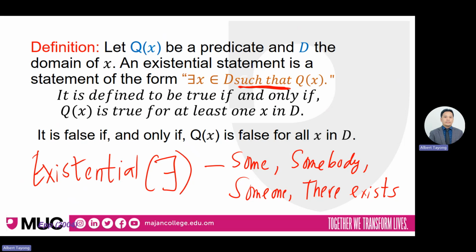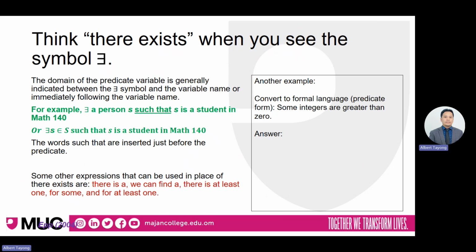It's related to universal. Universal is like this. We put a comma instead of such that. So instead of such that, we use a comma. Here, in existential, usually we use such that. Okay, so let me show you what's the difference between these two using examples.